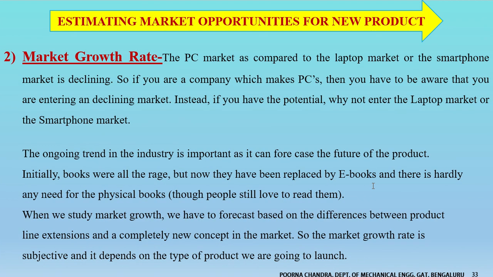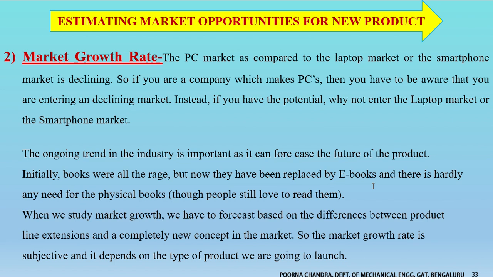Next, market growth rate. So we need to identify the market growth rate. For example, the personal computer market, as compared to the laptop market or smartphone market, is declining nowadays. So that we are seeing.